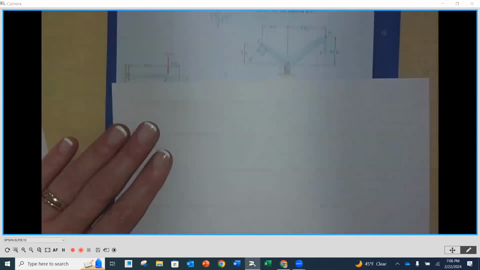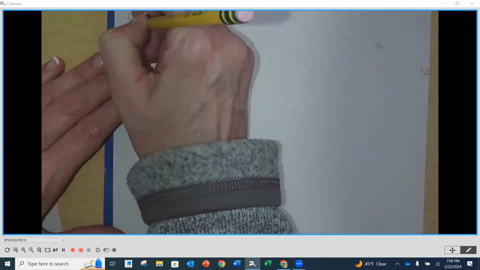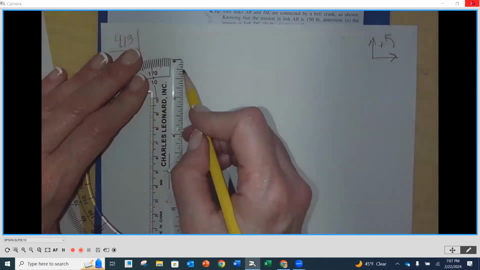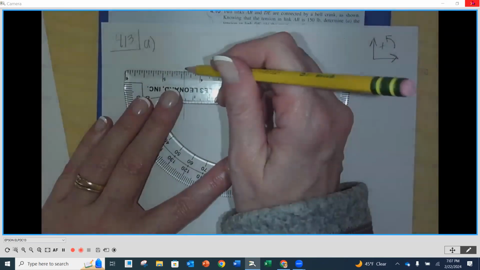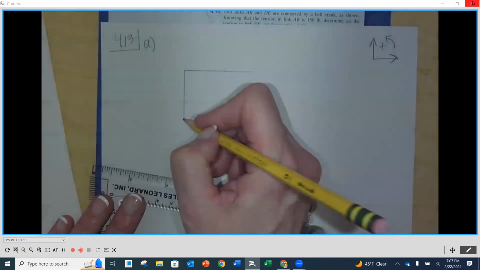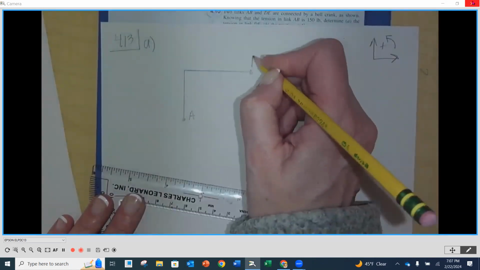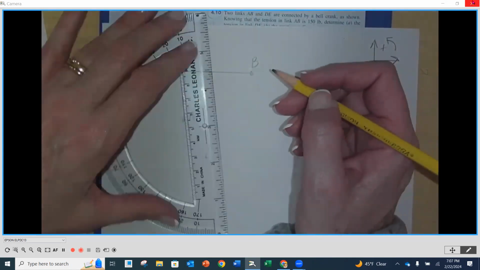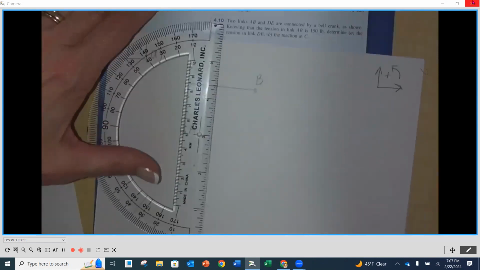Underneath here. Zoom that. 413. I'm going to put my convention. And I'm going to start for this one, part A. It's going to be point A, point B. 75 pounds going down in the middle.